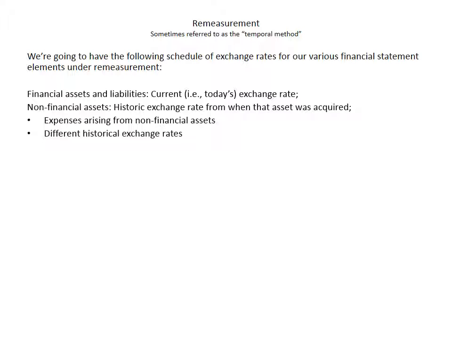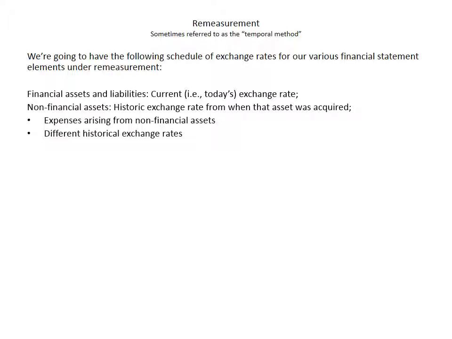We're going to run into a problem where we have different historical exchange rates for different assets. Again, if we acquire a subsidiary on January 1st, 2015, all of their property, plant, and equipment will be converted at the January 1st, 2015 exchange rate. But after we acquire them, they're going to continue to acquire more plant assets over their existence, and so if they acquire some on June 1st, 2015, that asset will forevermore be converted at the June 1st, 2015 exchange rate.